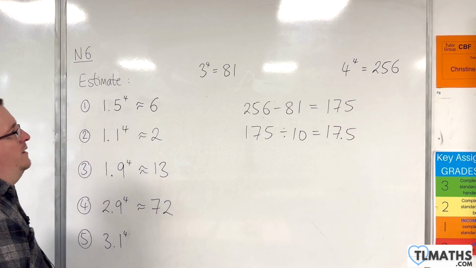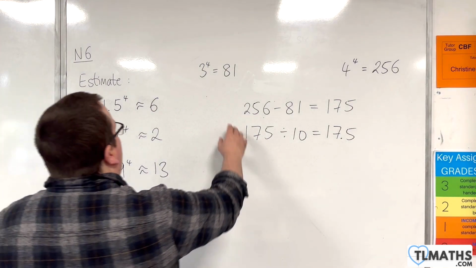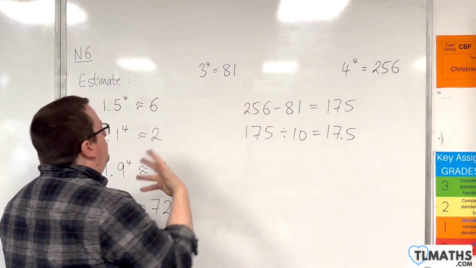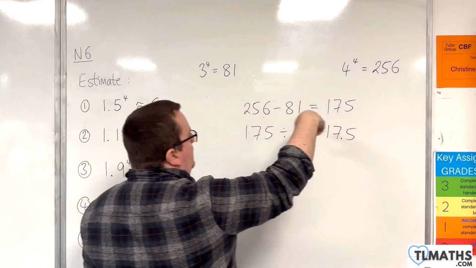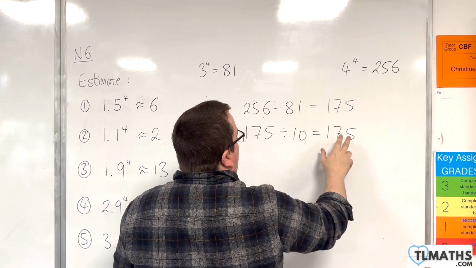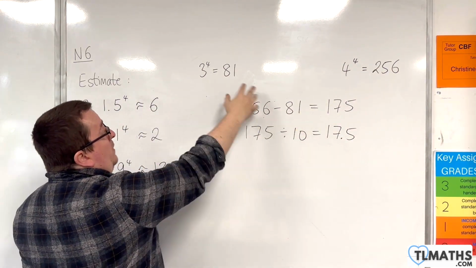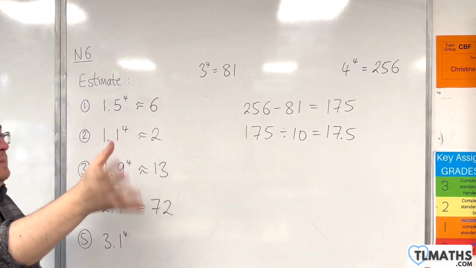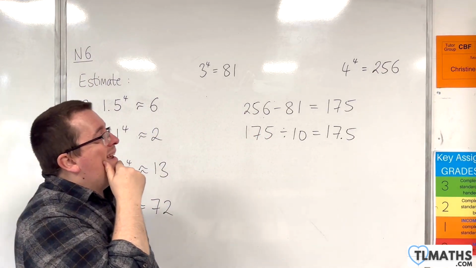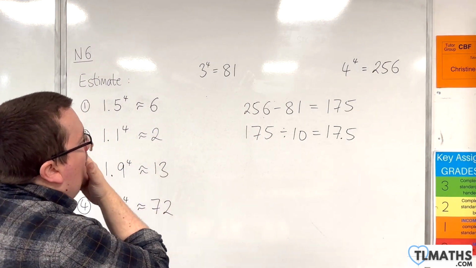So something like 20 above 81 maybe. Oh no, sorry, I'm thinking about going down from 256. So 17.5 added onto 81 would be 98.5. It's going to be less than that, sorry. So it's going to be less than 98.5.